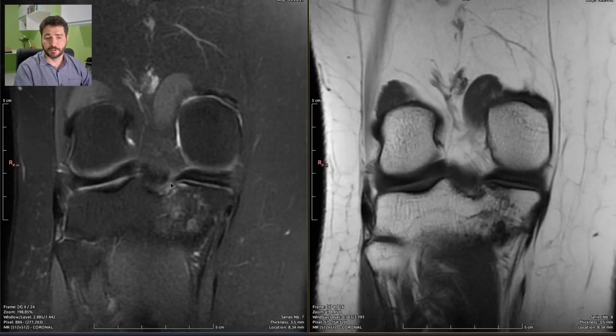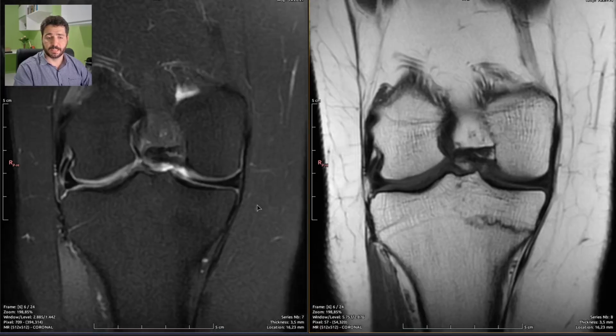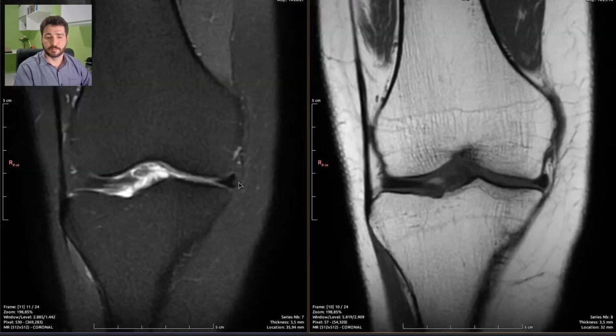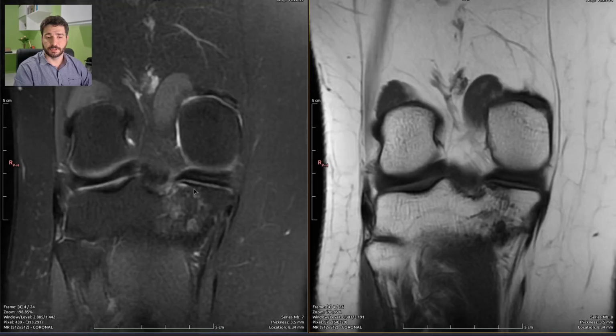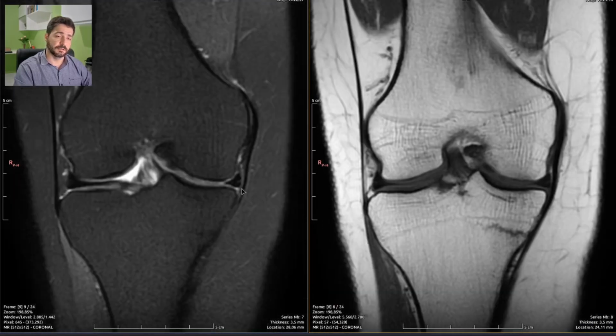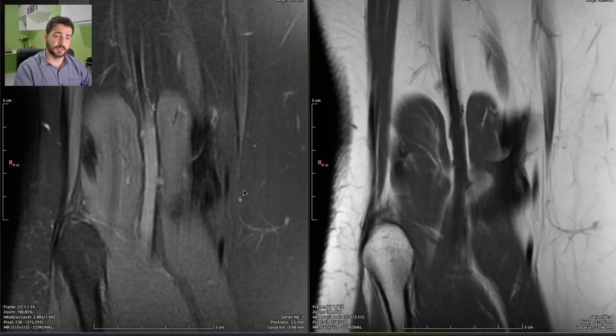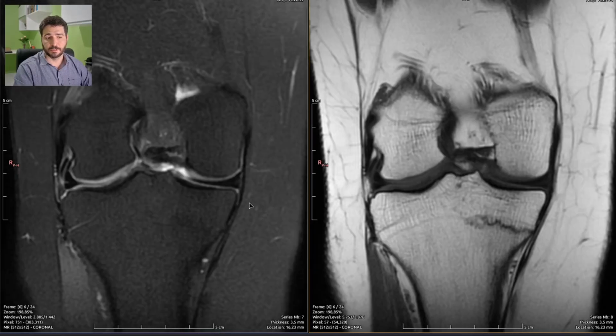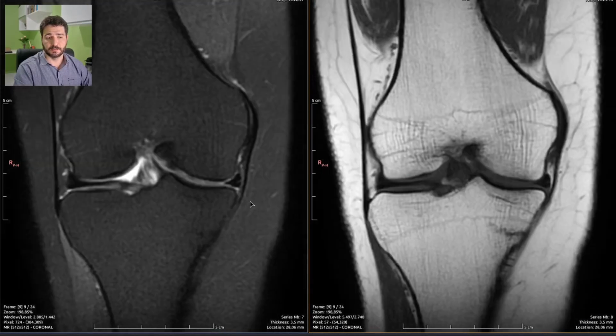So the edema, the bright signal on the water weighted images such as PD and T2, like this one, points to us that this is an acute occurrence, this is an acute disease.